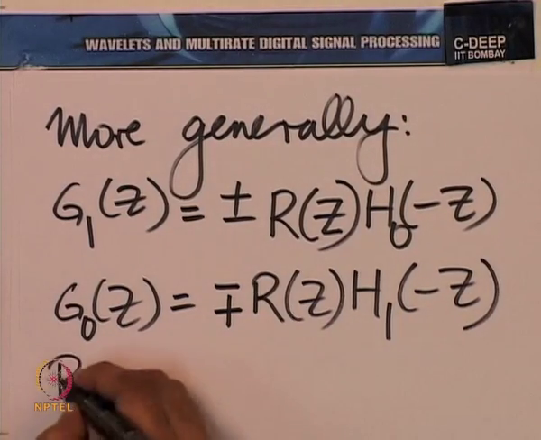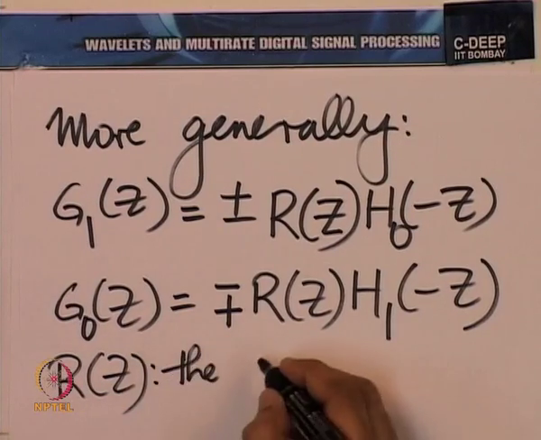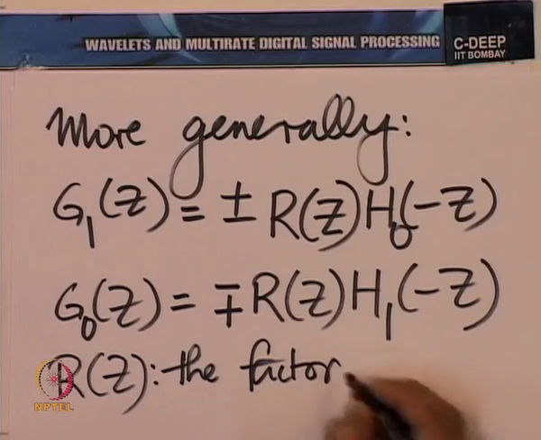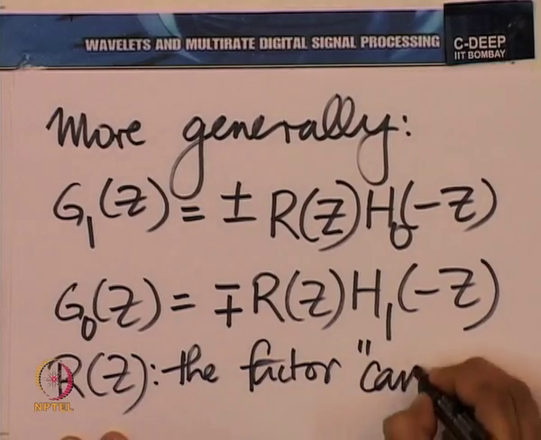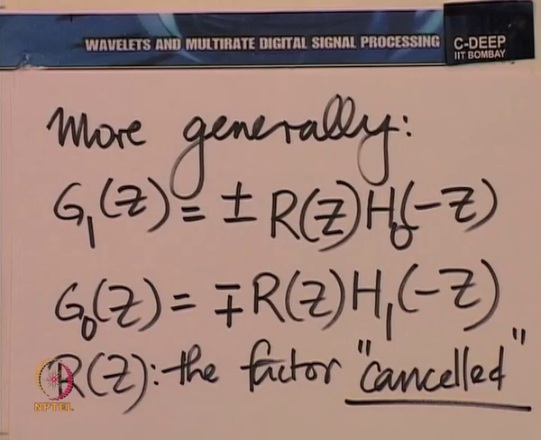So, R z is in some sense the factor cancelled. When you divide G 0 z by G 1 z, some factor has been cancelled and what is left is H 0 and H 1. That is the way you should look at it. That is the more general situation.